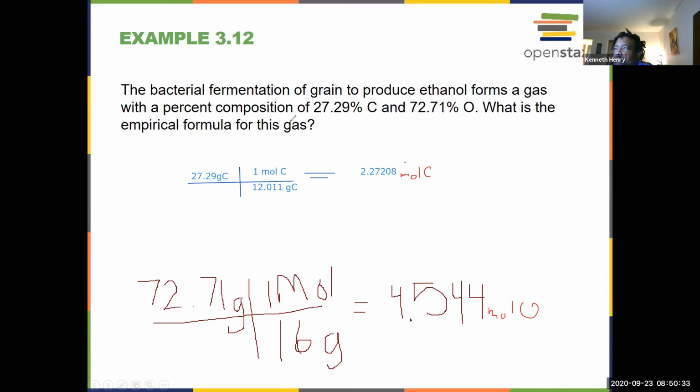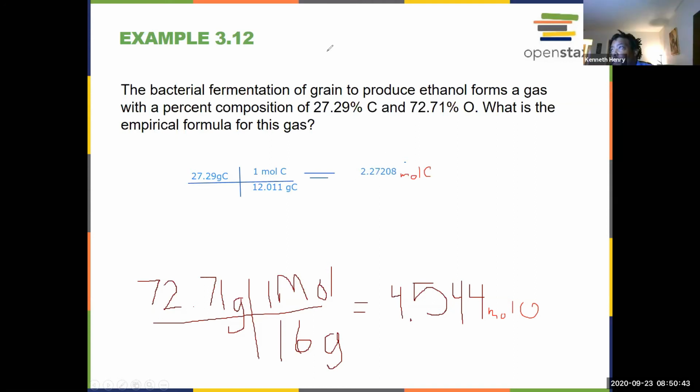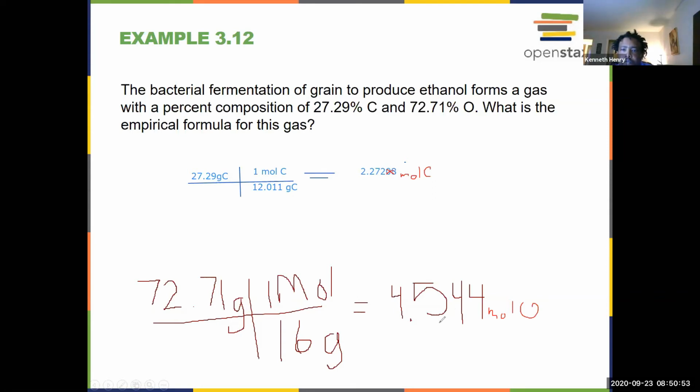How many sig figs should I have here? 4. So I can get rid of these two down here, and you're good on your sig figs.